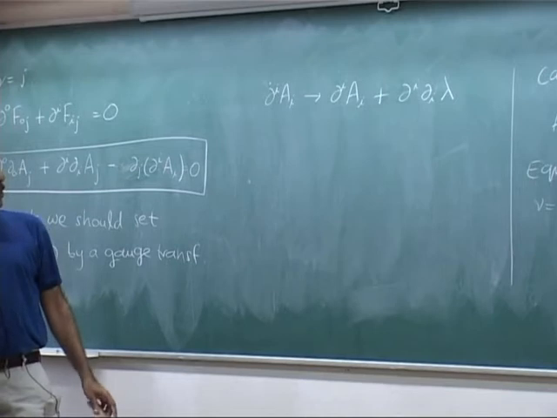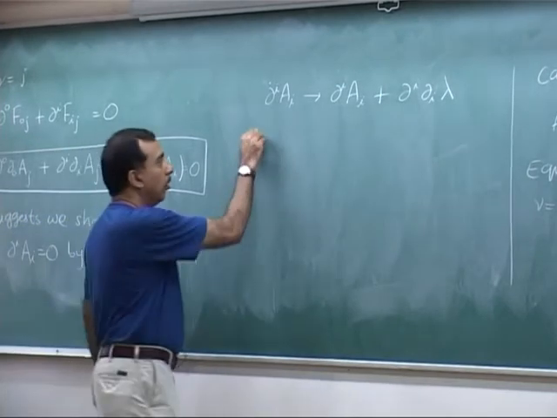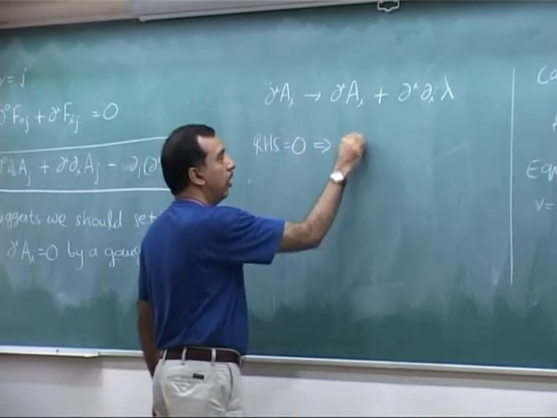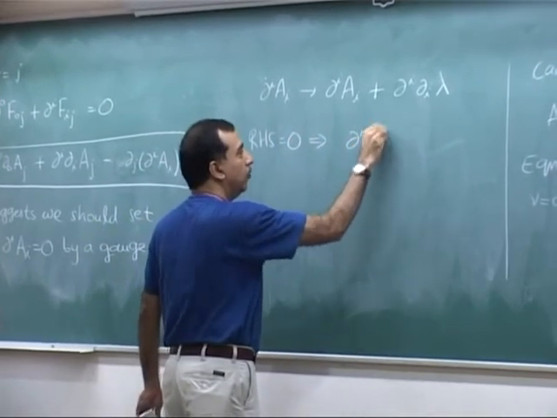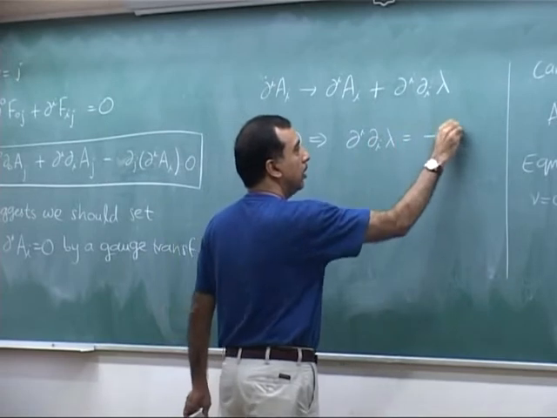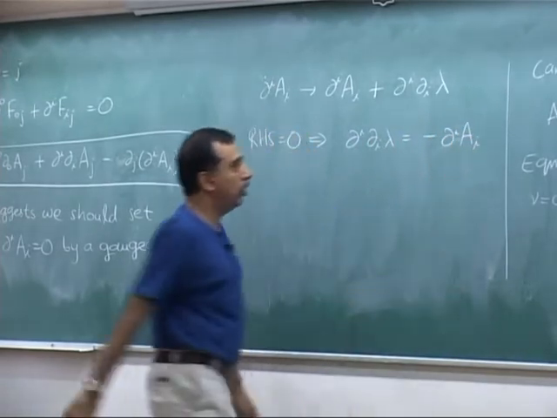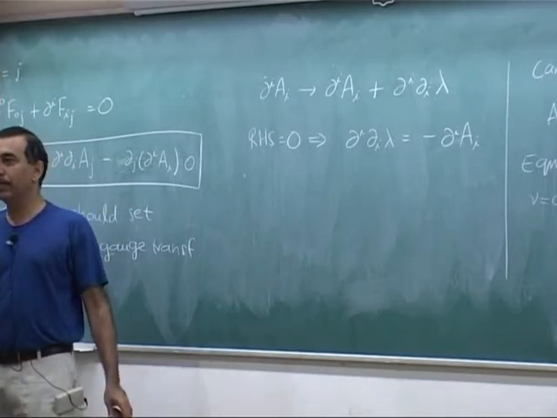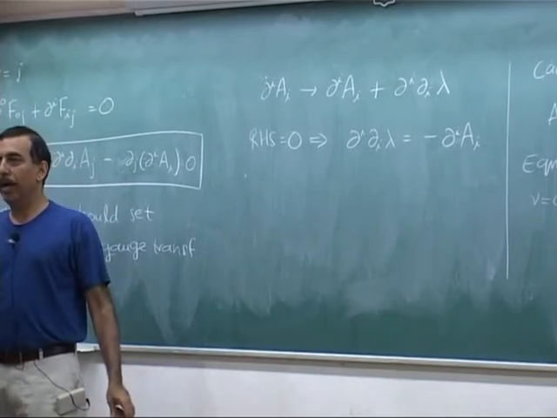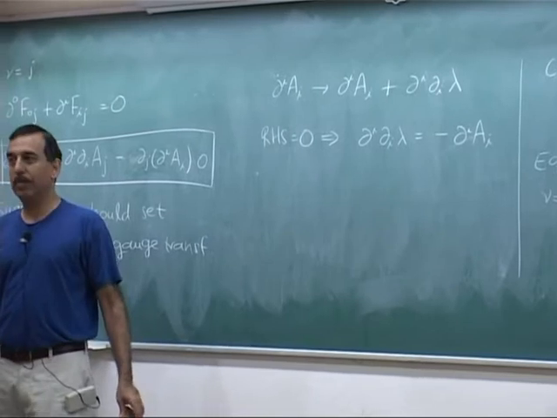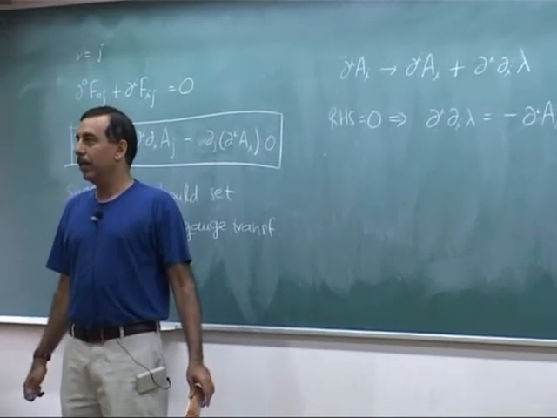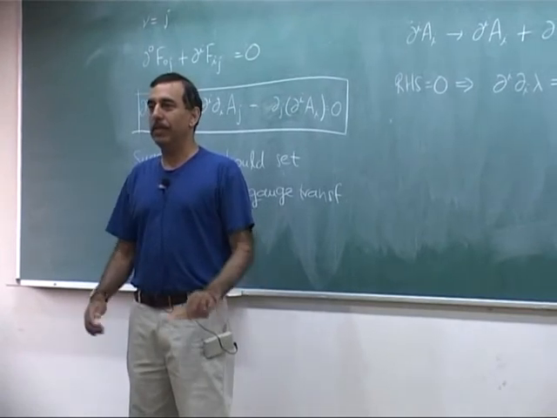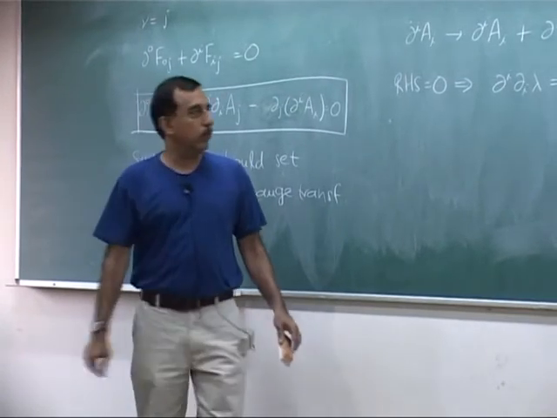Now if I want the right side to be 0, then I find that del I del I lambda equals minus del I AI. What equation is this? It's a very familiar equation in physics. Wave equation. No, wave equations always have time in them. It's a Laplace equation. Actually, it's a Poisson equation because Laplace equation with a source on the right side is a Poisson equation.